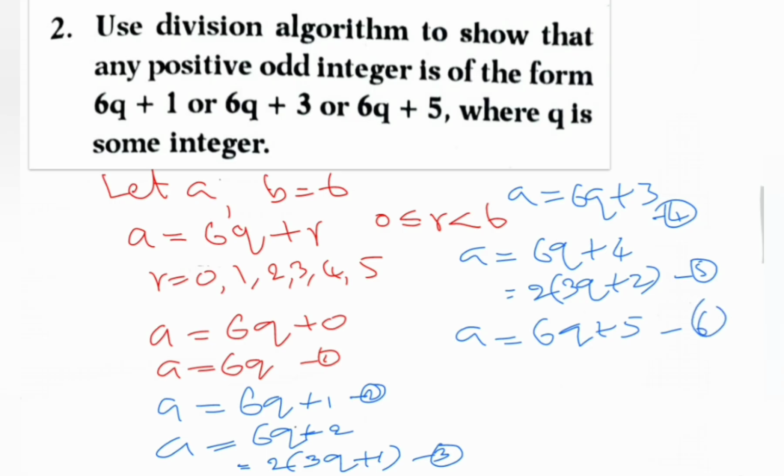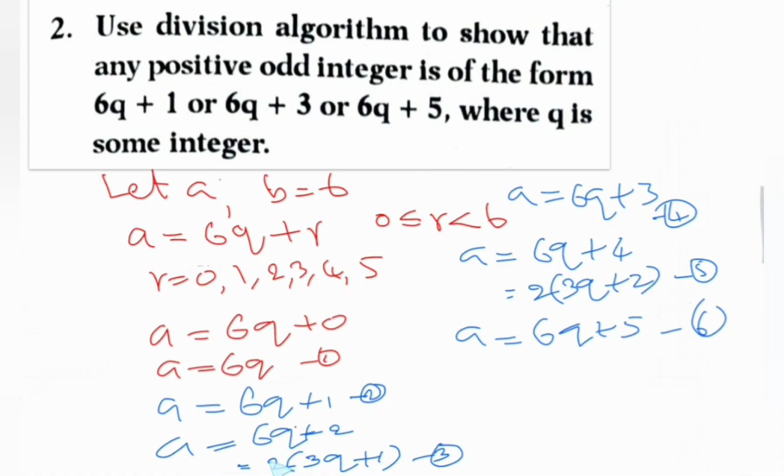Now observe this. The first one is even number, a equal to 6q. The second one is 6q plus 1, which is 2 into 3q plus 1, so it is odd number, and the q is the coefficient here.